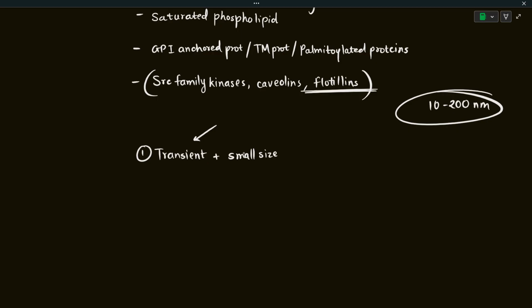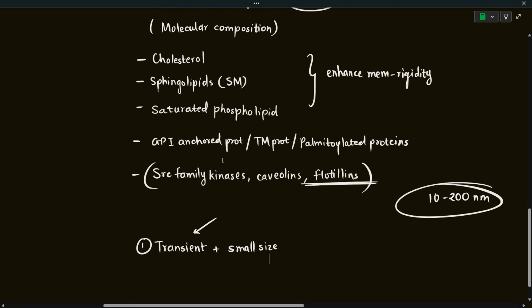But then critics argued that the term lipid raft lacks a precise biophysical definition, because, as I said, they do not have a clear composition. They are more about the lipid-lipid and lipid-protein interaction, which makes the membrane rigid, which makes them detergent resistant, rather than having a fixed composition.